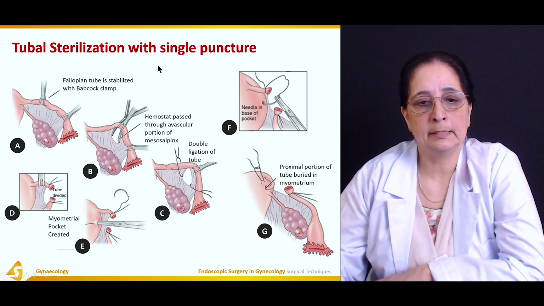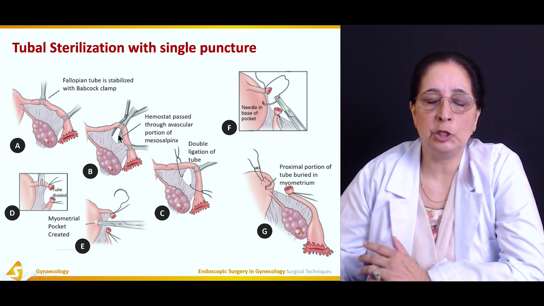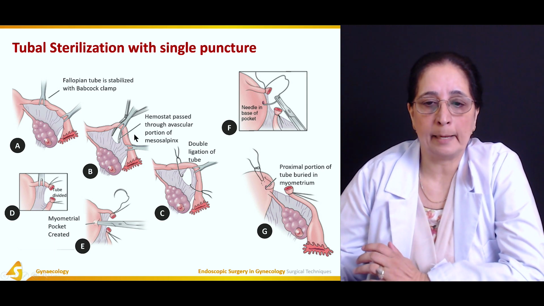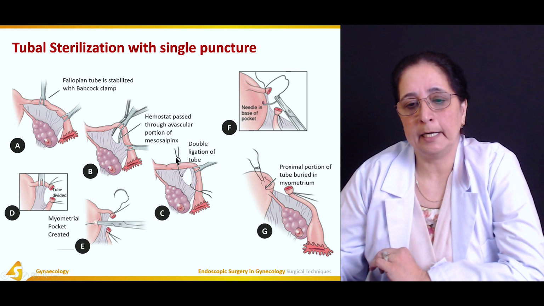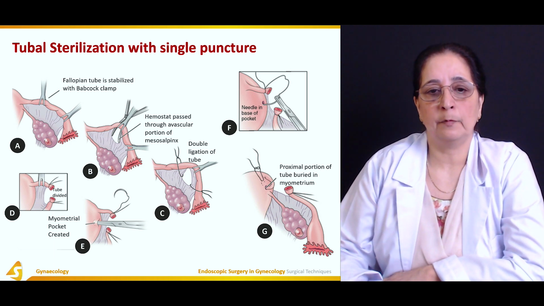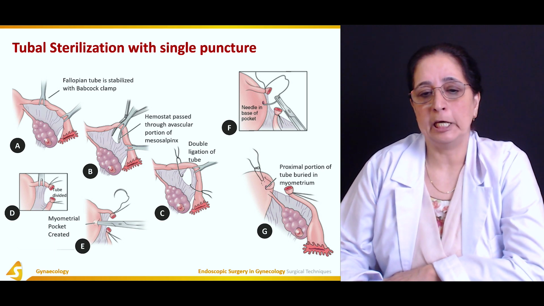First it is clamped, so it cannot move. Then hemostat is applied in the center, mainly to stop the bleeding that occurs with the clamping, and then ligation and cutting. So with the clamp, it's ligated and then it's cut. So these are all the steps for tubal sterilization or tubal ligation.